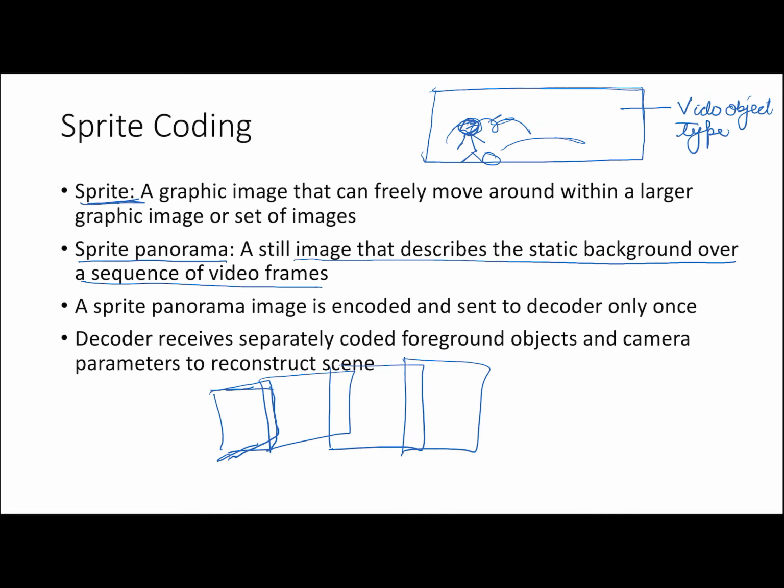Maybe the camera has zoomed in, zoomed out, or it has tilted. So on the basis of camera movement and small tilt, we will have multiple images of the background, and we will stitch these images and create a panorama, which is here called as sprite panorama. And for this you can use the projective transformation for stitching two images.